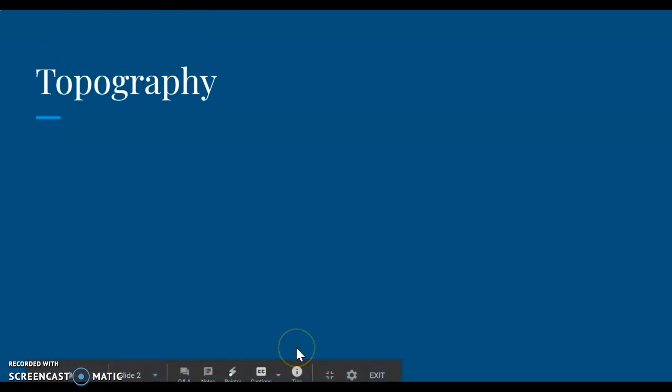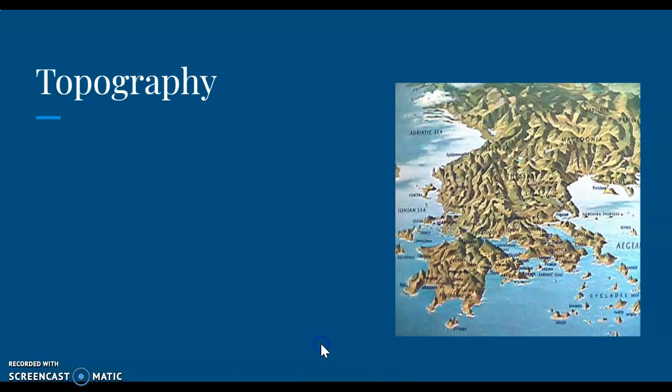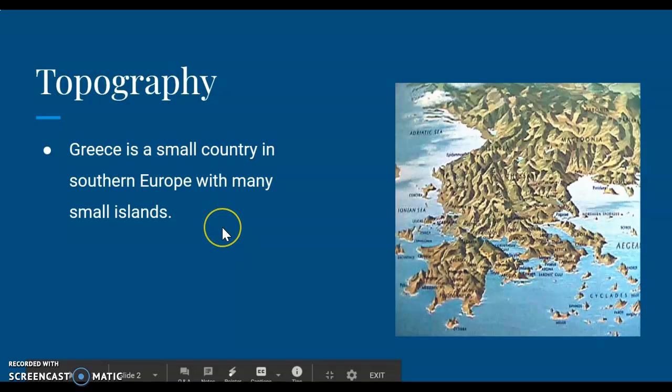The first thing that we're going to be looking at is topography. If you guys recall, topography means the shape of the land. Greece is a small country in southern Europe with many small islands. In this picture here, you can see all of Greece and the small islands that are part of it, which are all down here.